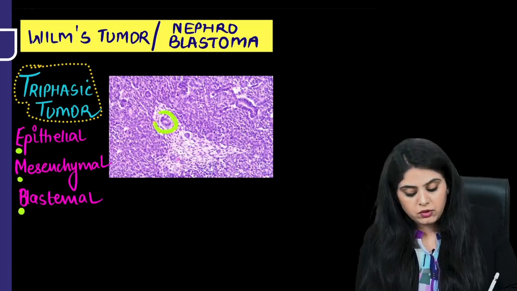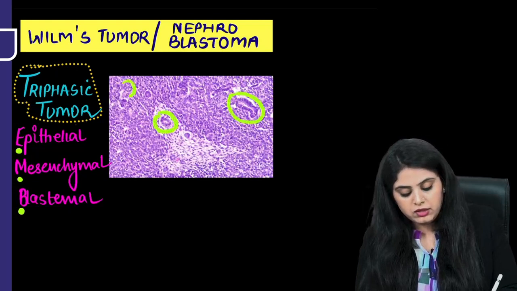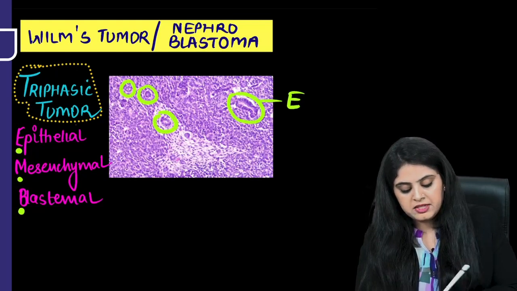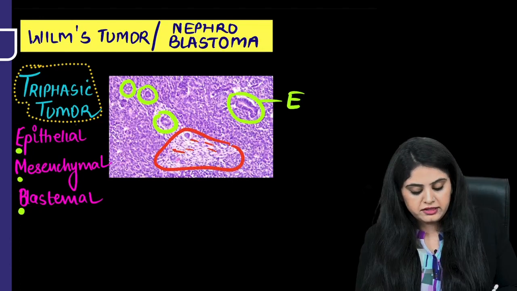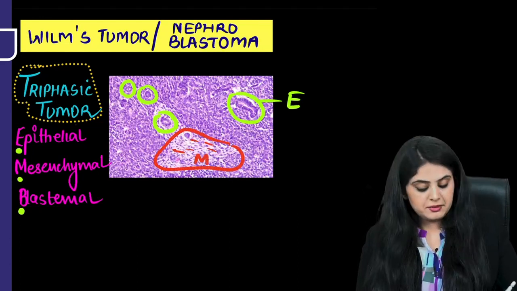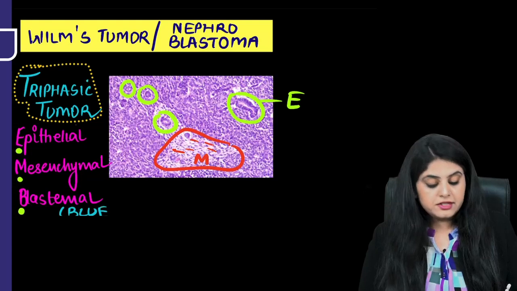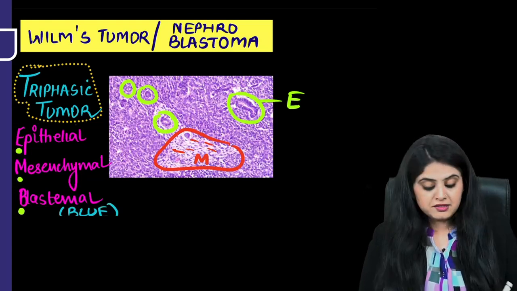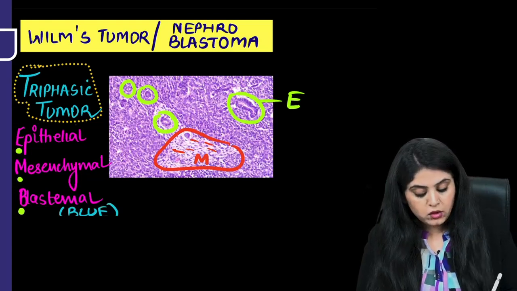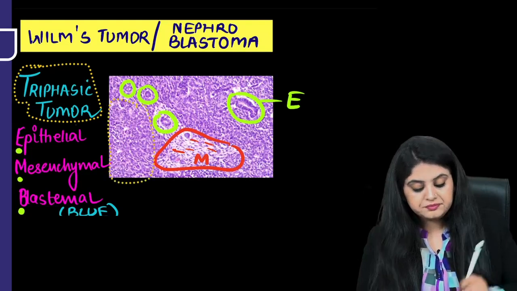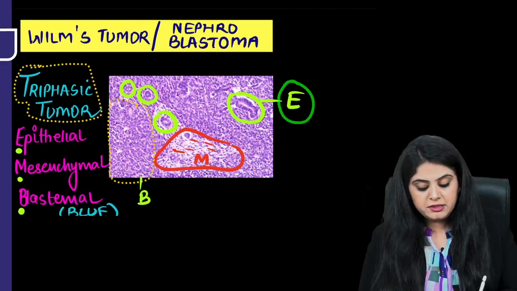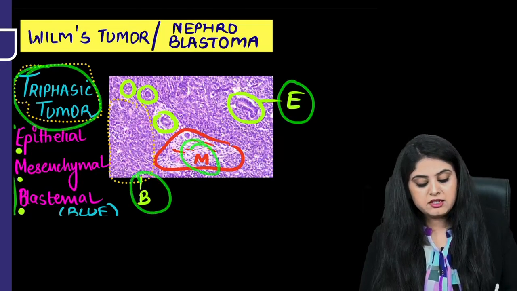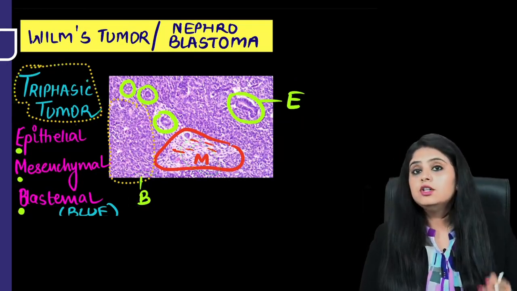All these round structures that you're seeing are the epithelial component. Then all the spindle shaped structures that you're seeing, those long cells, are the mesenchymal component. And all the blue color cells that you need to see over here are the blastemal cells. So clearly, it has epithelial, mesenchymal, and blastemal components. Three things make it a triphasic tumor, and you know this is a childhood tumor.